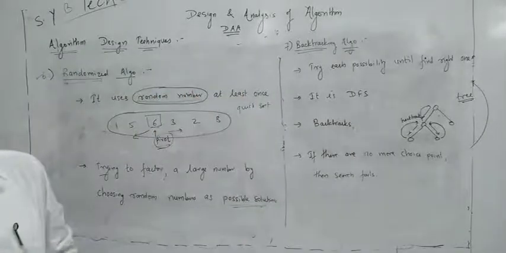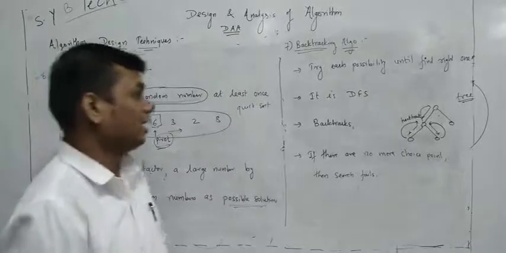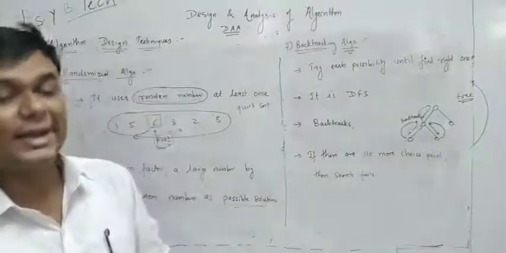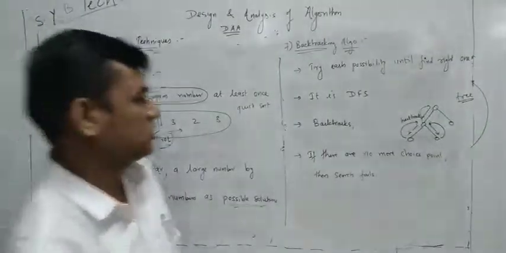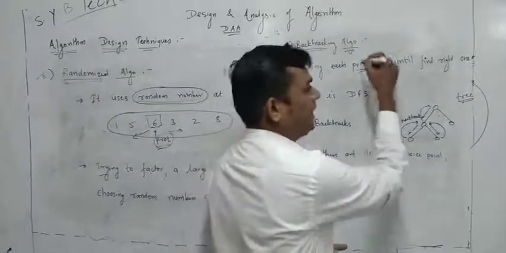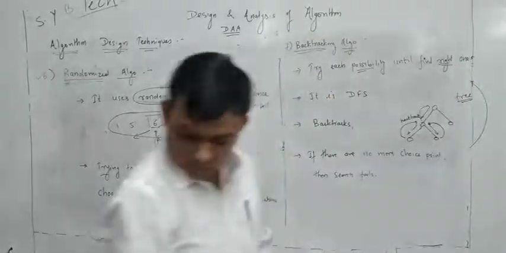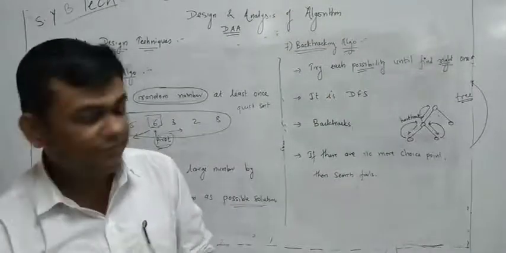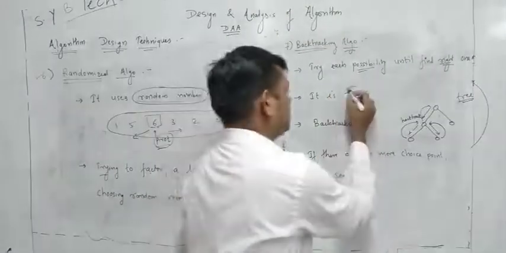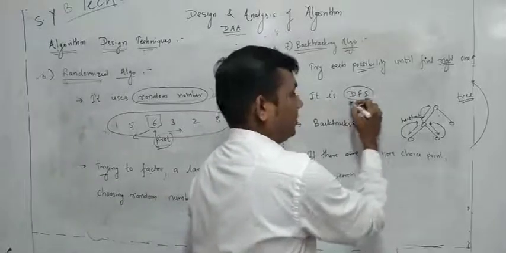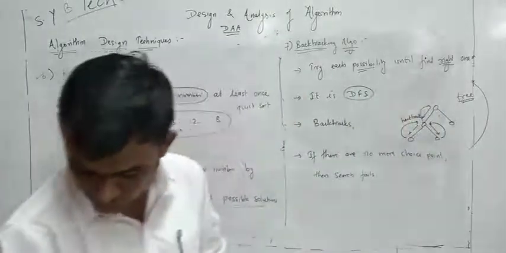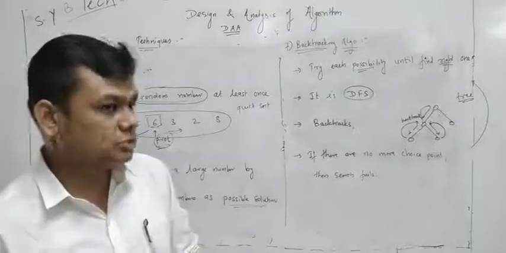So what points are important for the backtracking algorithm? First of all, backtracking tries each possibility until it finds the right one. It is nothing but a depth first search, where we find the solution from the set of possible solutions.